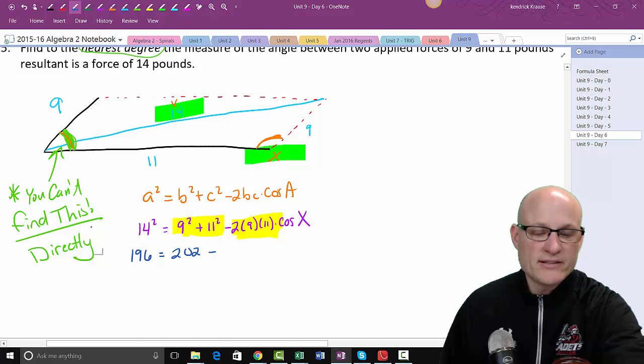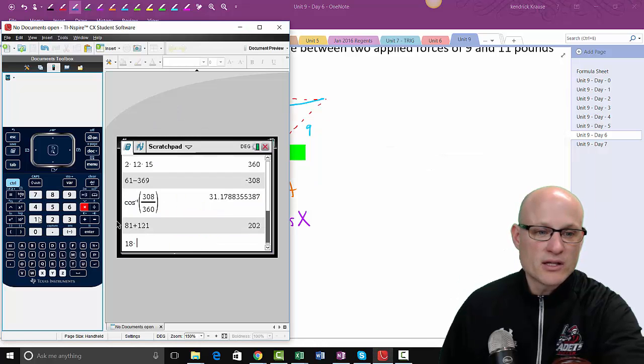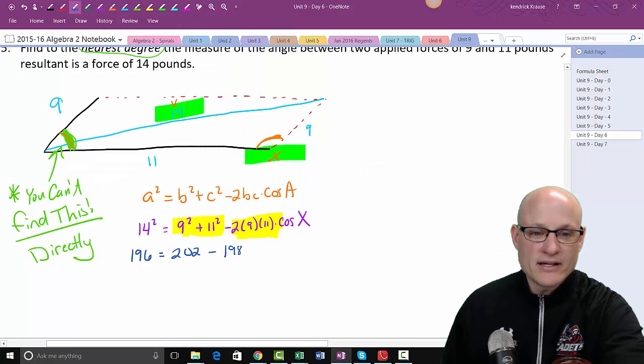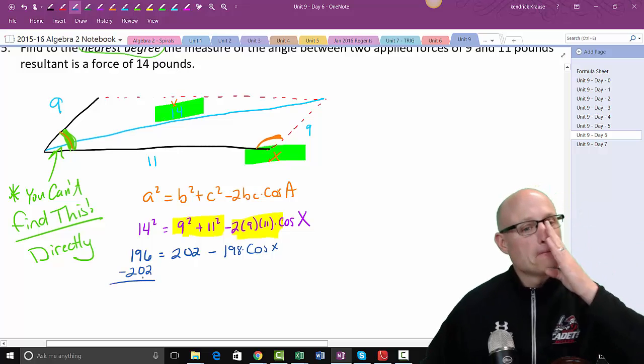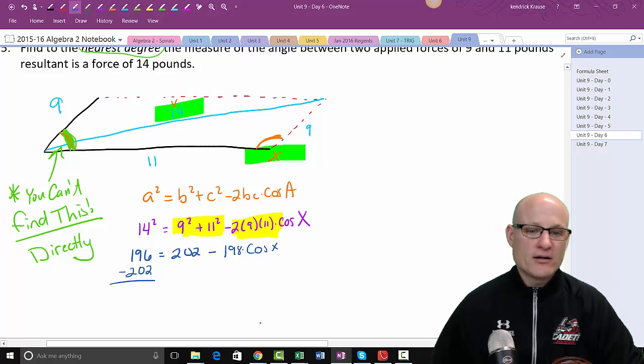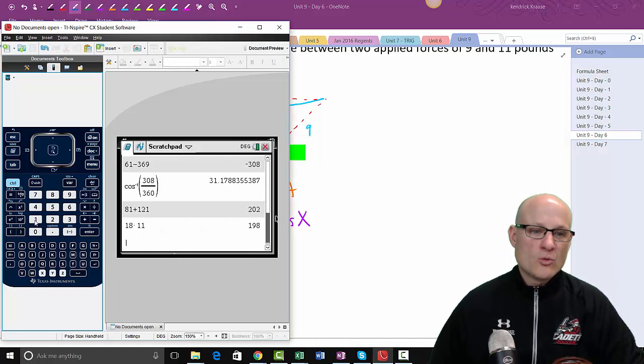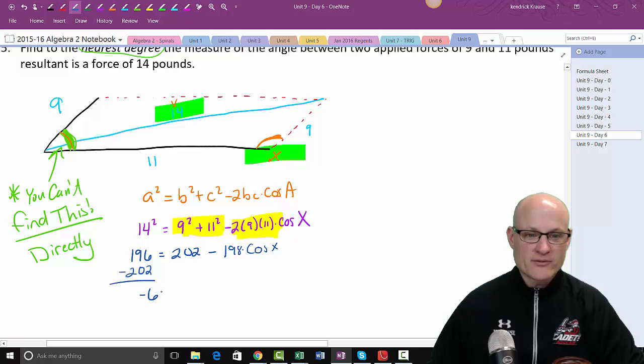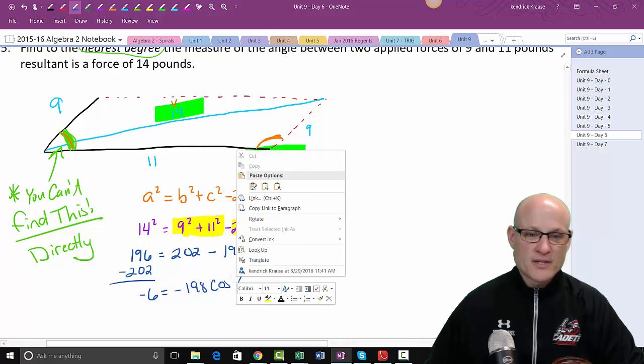And then 18 times 11 is 198. 198 times the cosine of x. Subtract 202: 196 minus 202 is negative 6. Negative 6 is equal to negative 198 cosine x.